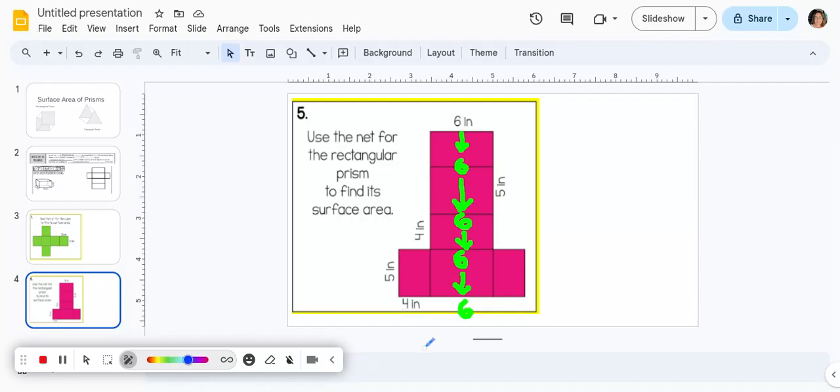Now, remember I said this one and this side, these are equal. These are the same. So if I have 5 and 4 over here, that's going to be the same over here, 4 and 5. Now again, I know that opposite sides are equal. So since this is 5, that means this is going to be 5.